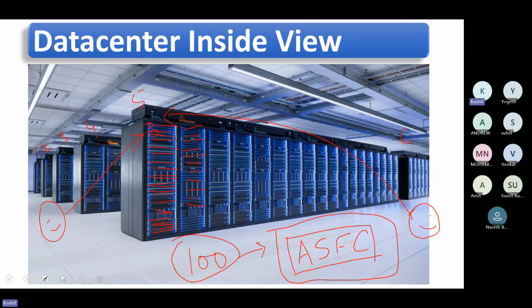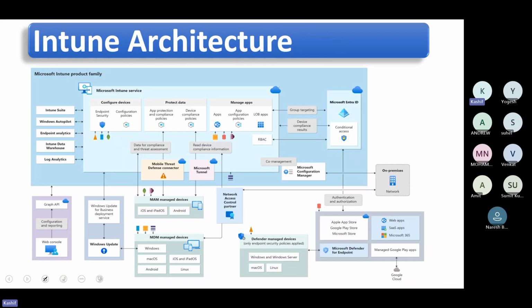Now, what is the architectural diagram of Intune? You see, this is the architectural diagram of Intune. When you create your subscription, you get what? A web console. From this web console, you do configuration or reporting. Your request will go to Graph API. Graph API will take your request. It's a communication bridge which understands your requirement, right?